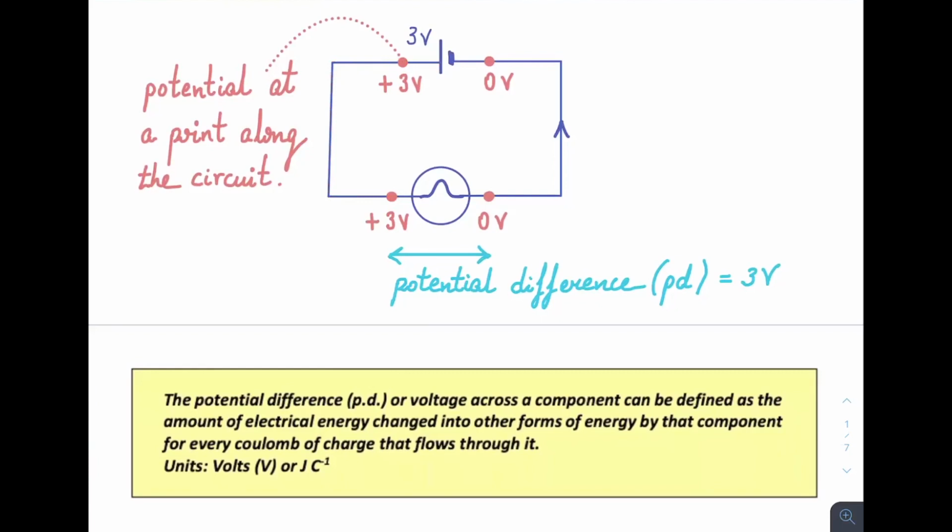Being the only component in the circuit, the bulb consumes all the energy by converting it into light and heat, and hence the potential at any point along the wire connecting the bulb to the negative terminal of the battery is 0.